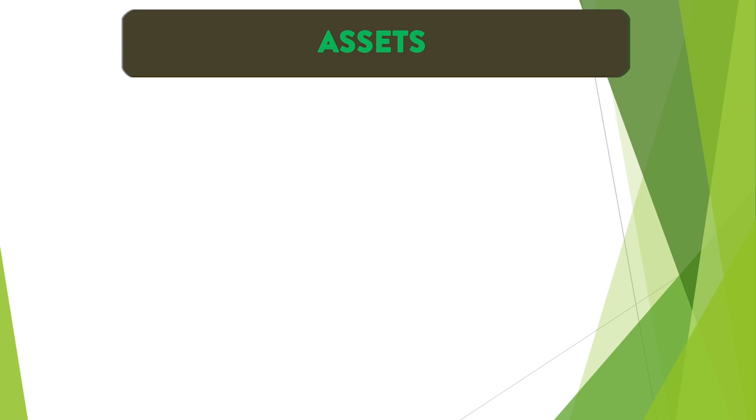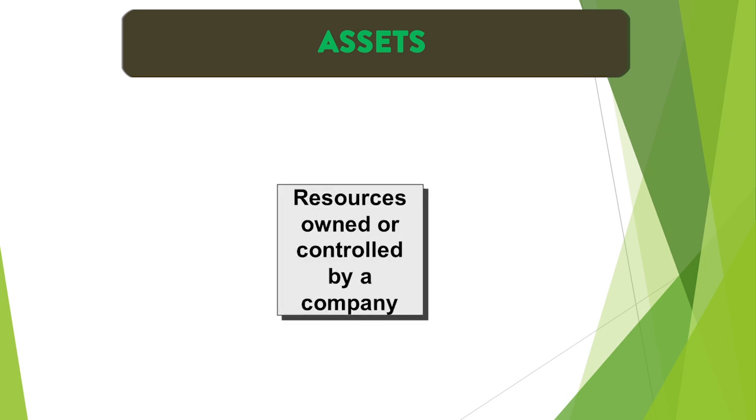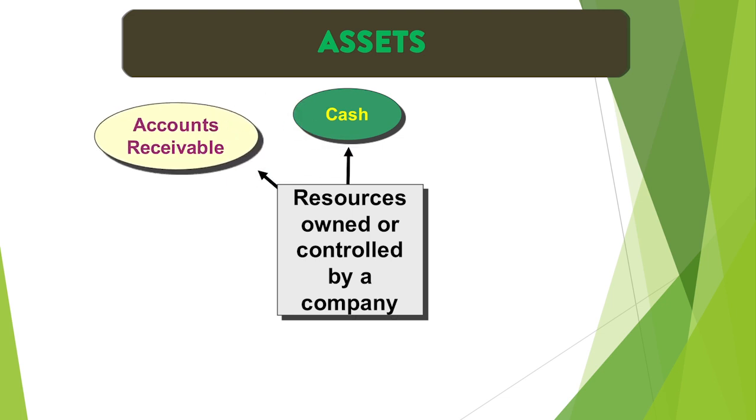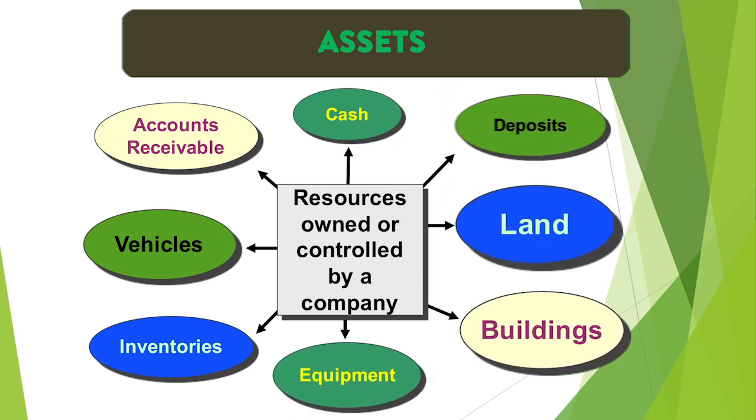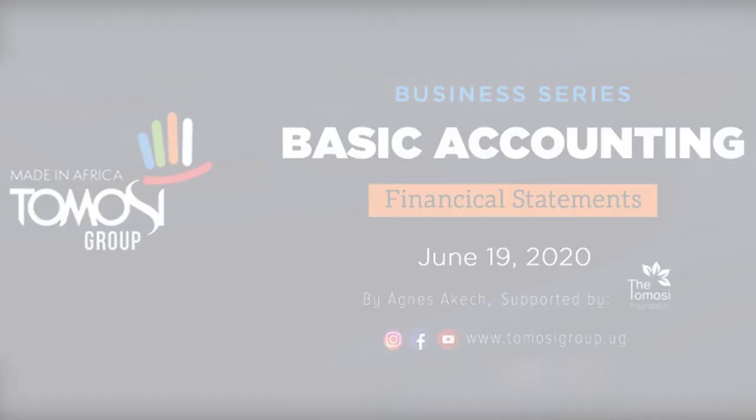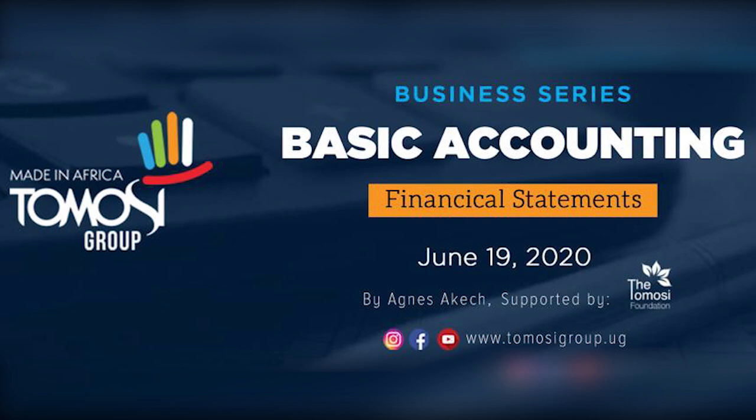The assets are made up in general of cash, accounts receivable, vehicles, inventories, equipment, buildings, land, deposits. These are resources owned or controlled by a company. Resources that a company or management uses to generate returns on the investment of the shareholders and other partners.